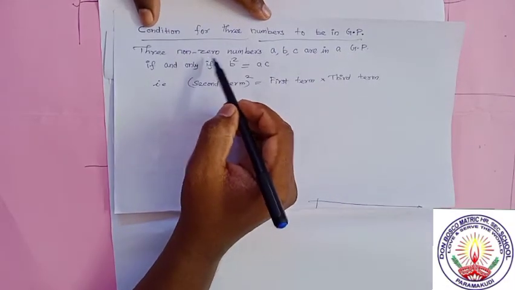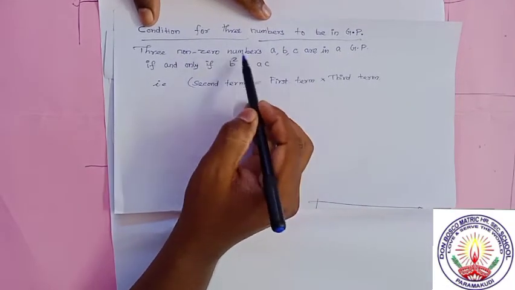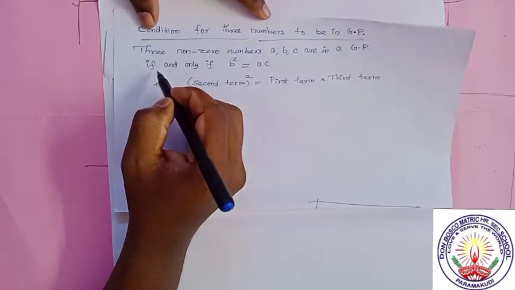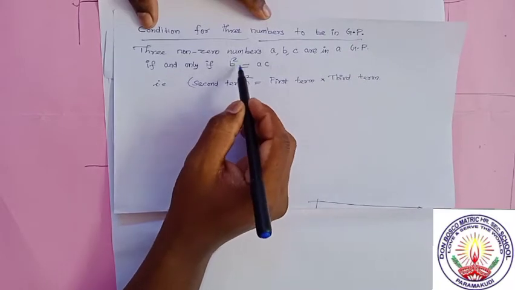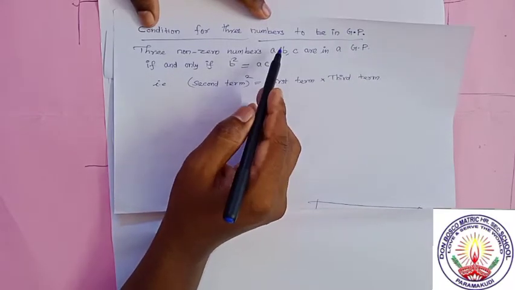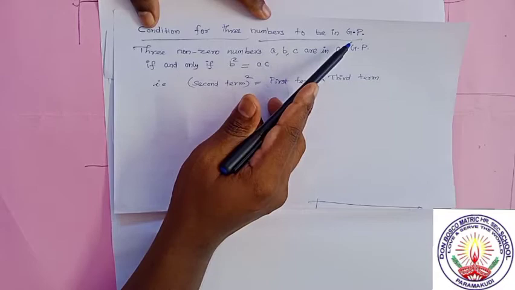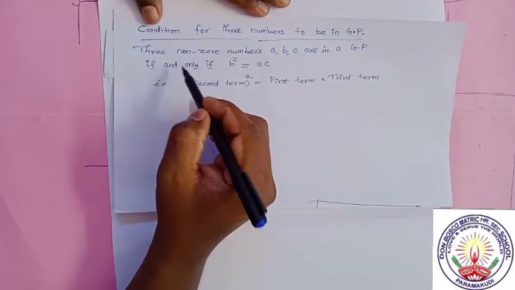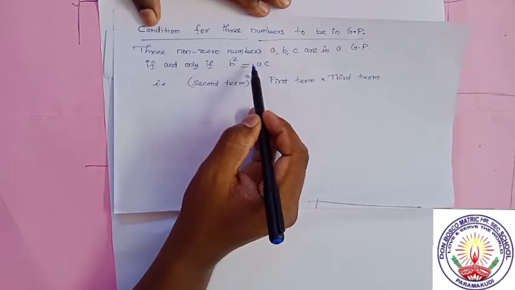Suppose A, B, C are three non-zero numbers. They are in GP if and only if B square is equal to AC.